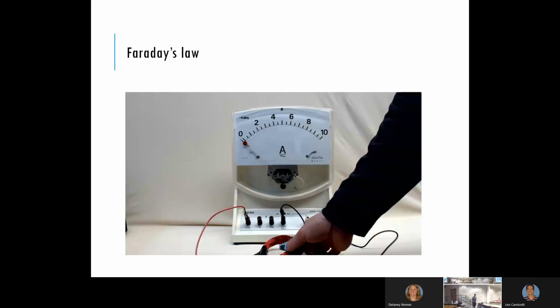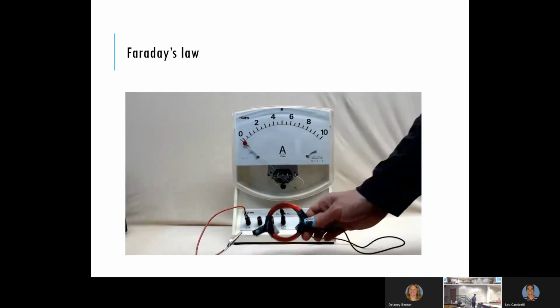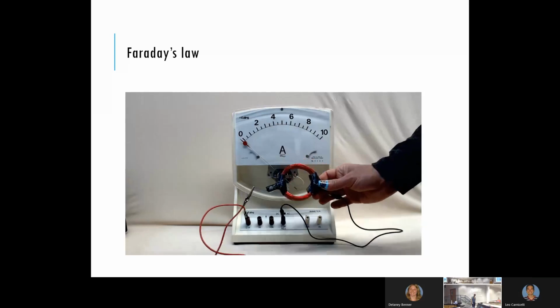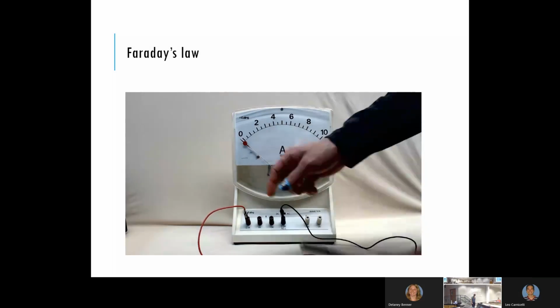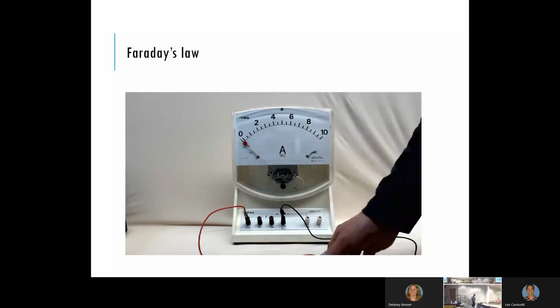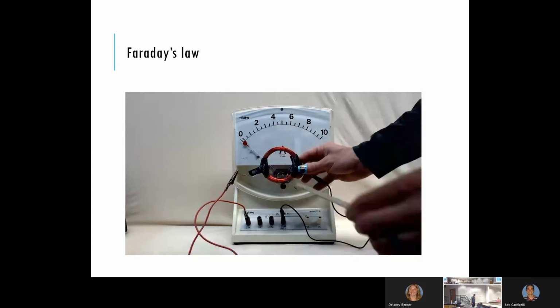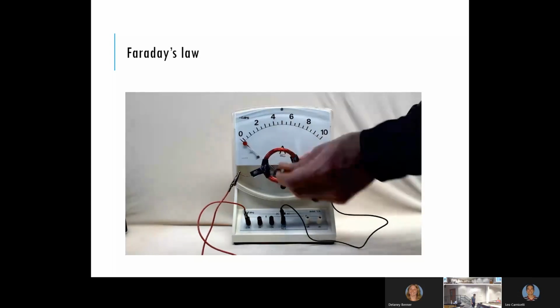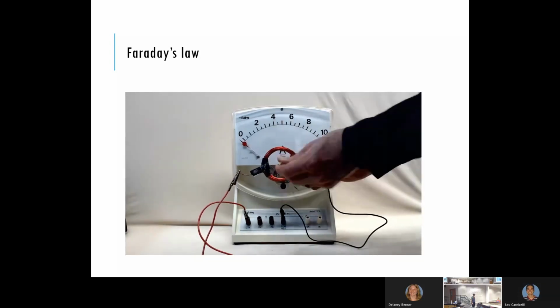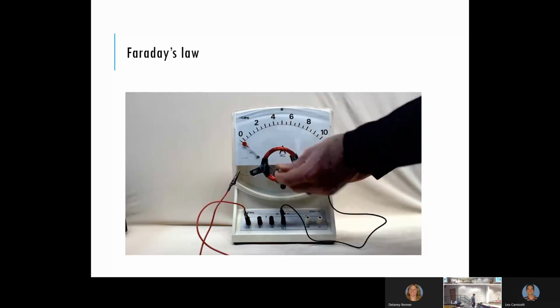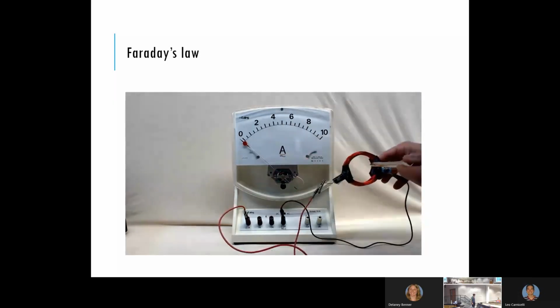Let's do it again. Right, coil of wire, take a bar magnet. I pass the bar magnet through the coil of wire. And what do you notice? You notice there's a current.